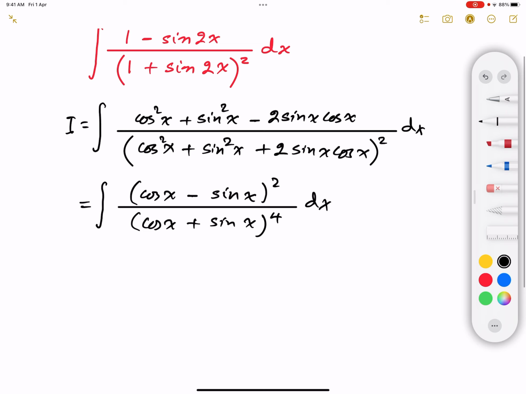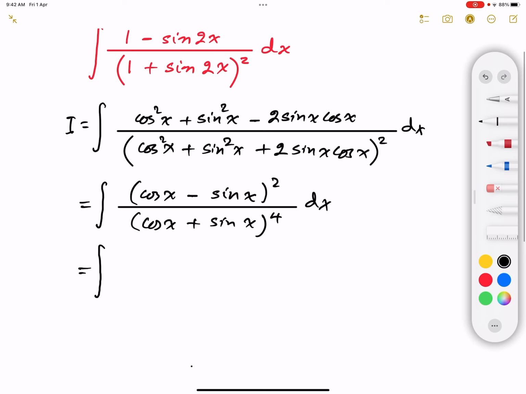So now we have put the integral in a simplified form. We can also simplify it in a better way. We can take the numerator with a power of 2 and take one term of the denominator, which is of the same power 2, and split the denominator.